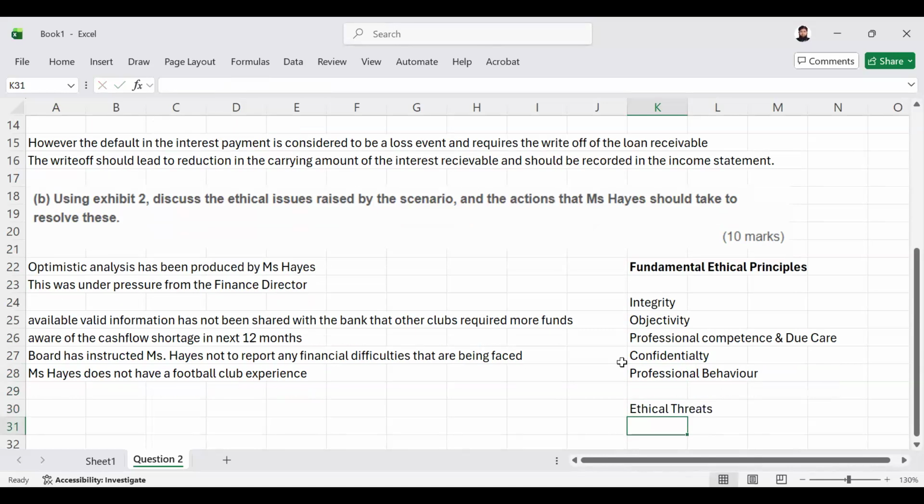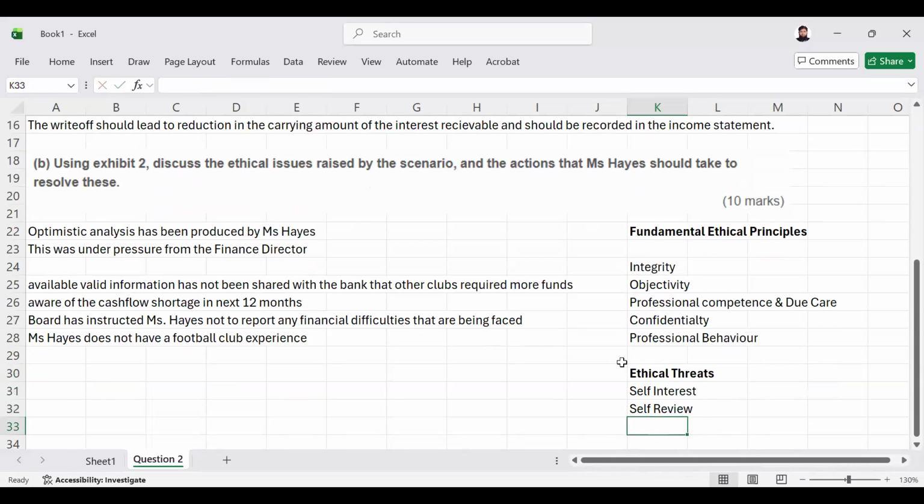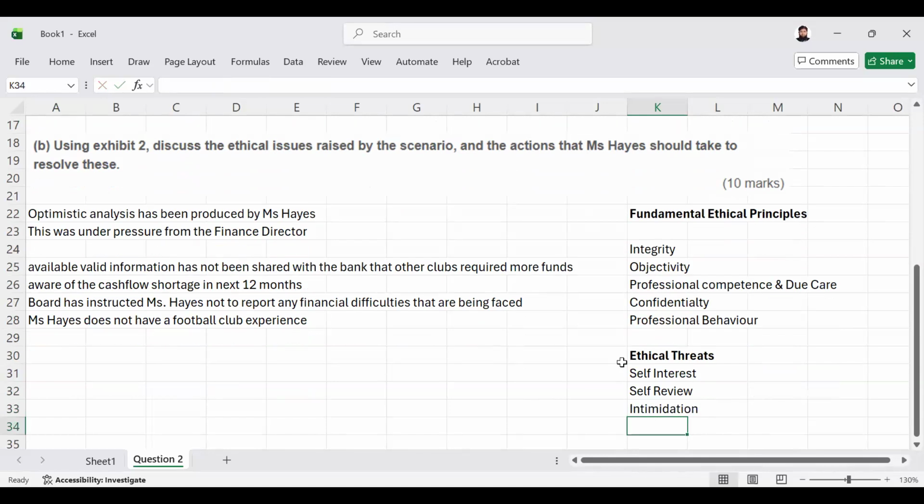The ethical threats could be self-interest, self-review, intimidation, familiarity, and advocacy.